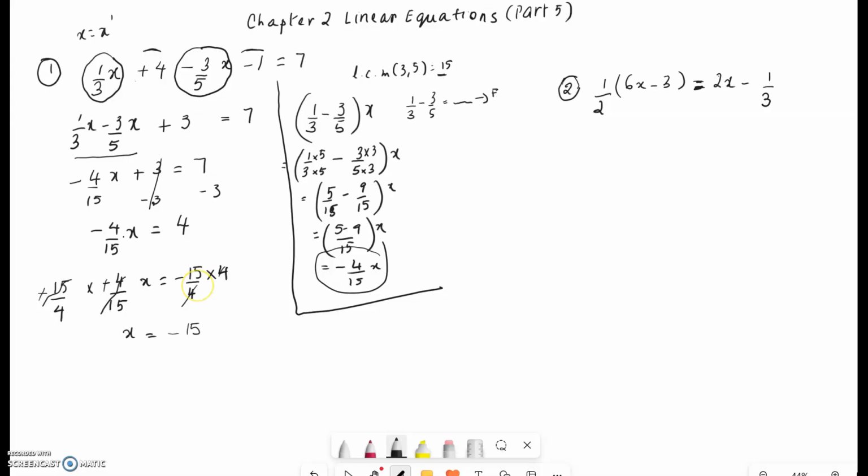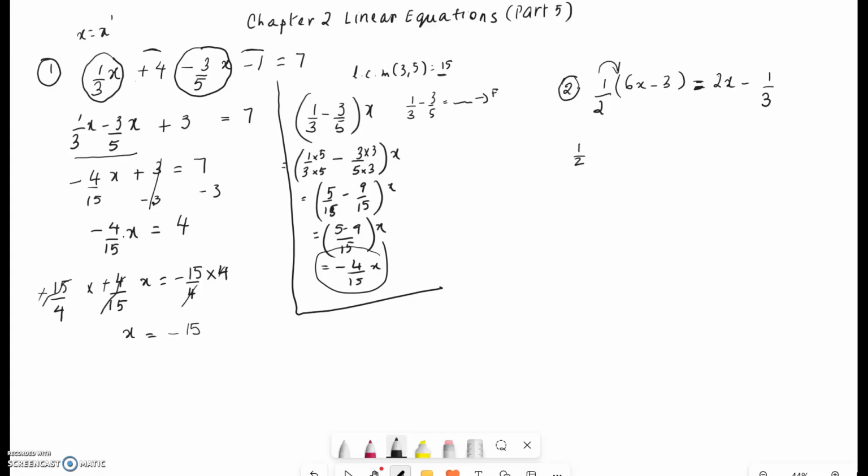So this is one way of doing it, or you could take the LCM throughout, which might seem a little complicated until you get used to it. But I'm going to do this second problem in a different way than I did in my last video. But you pick the method that you're comfortable with. So first thing is we need to simplify both sides completely, and that's what we're doing by multiplying half with 6x.